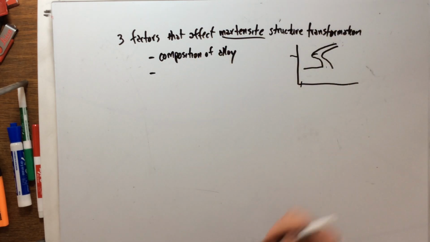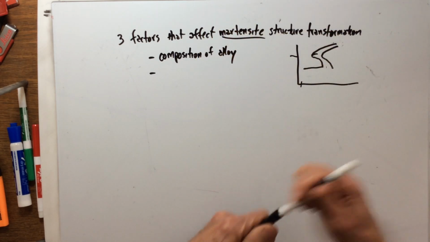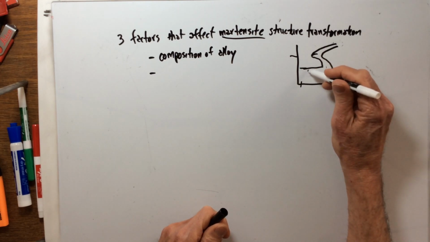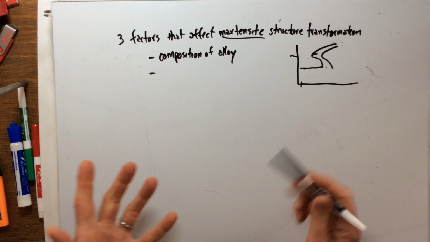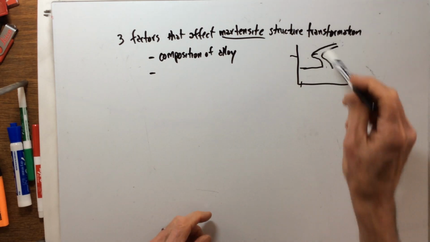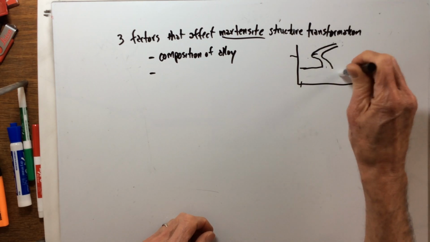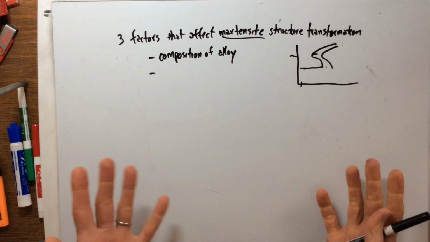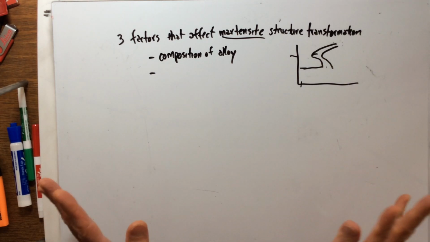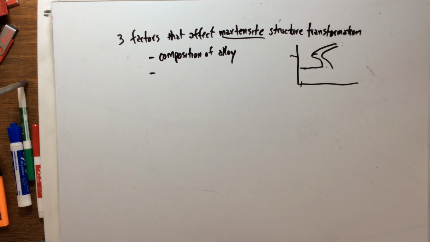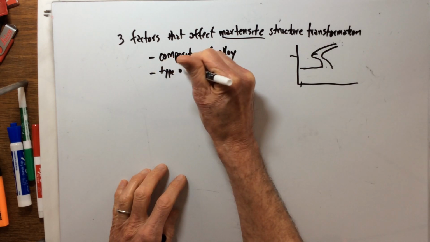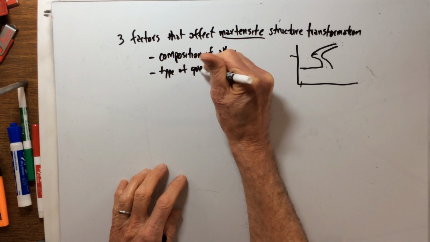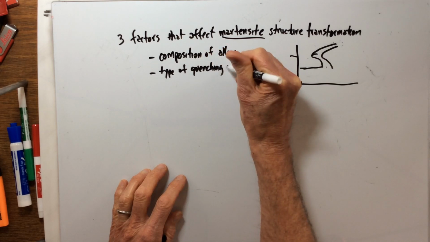So that widens that gap and enhances the opportunity to get down here into martensite without going into one of these other microconstituents. And these are all microconstituents, by the way. The perlite, the bainite, the martensite, those are all microconstituents. They're very visible on a microscope. You can see what they look like. You can definitely tell which one's which. All right, so that's the other one. And the other one is the type, as I mentioned before, the type of quenching media affects it.